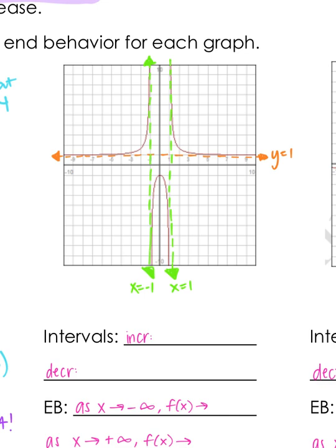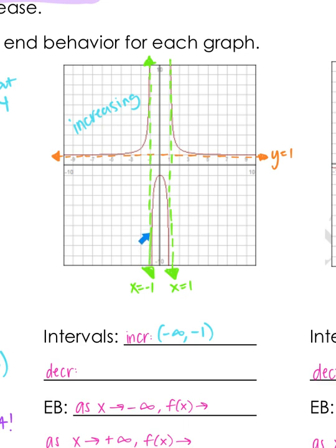Okay, so I'm going to start off at the left part of the graph and trace that line. As I move on the line, I am increasing. So I'm going to go ahead and write that one. I am increasing from negative infinity to my vertical asymptote at -1. Okay, then I've got this right here.